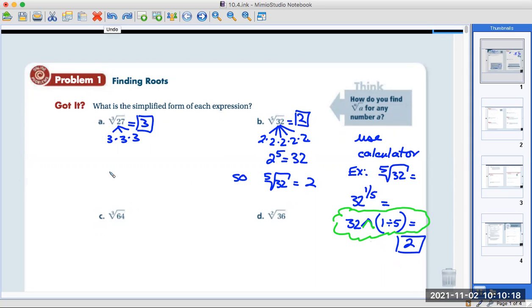All righty. Let's try another one. The third root of 64. You can use your calculator. You can put in 64 to the power of 1/3, which is 64, power key, don't forget parentheses, 1 divided by 3, equals, and you'll see it's 4, because 4 times 4 times 4 is 64.